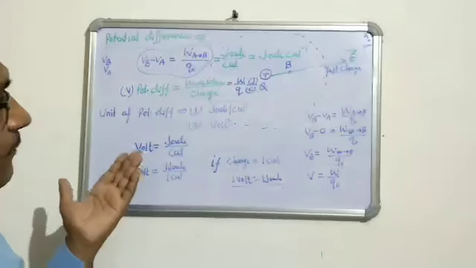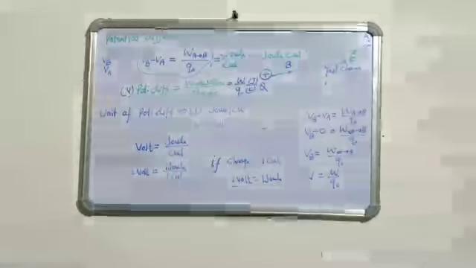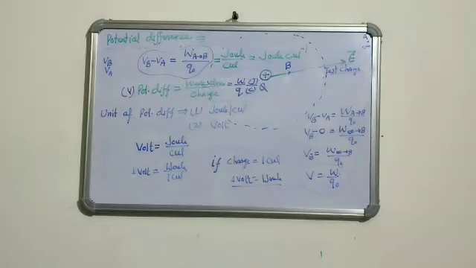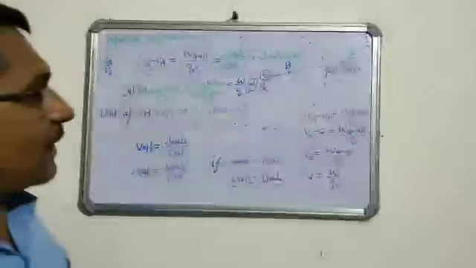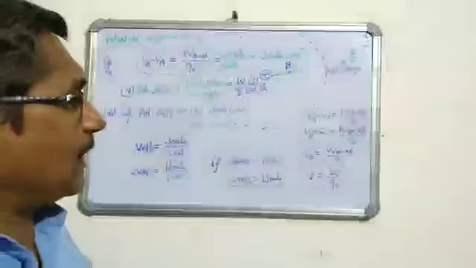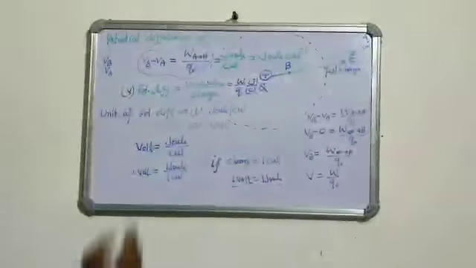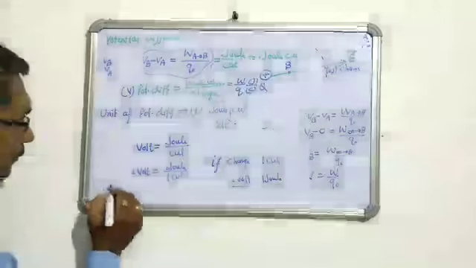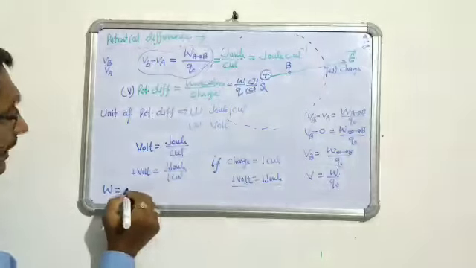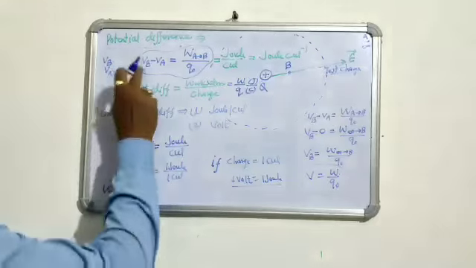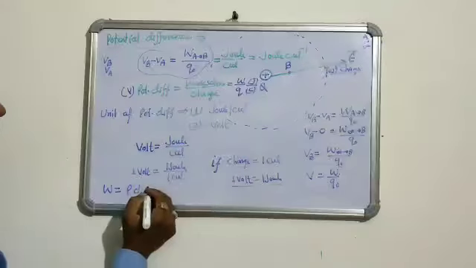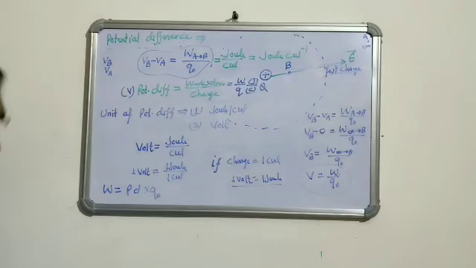The formula is also clear. Listen, important point. What is the work done when we bring a charge in a constant electric potential? Work done is equal to PD, potential difference, into charge.